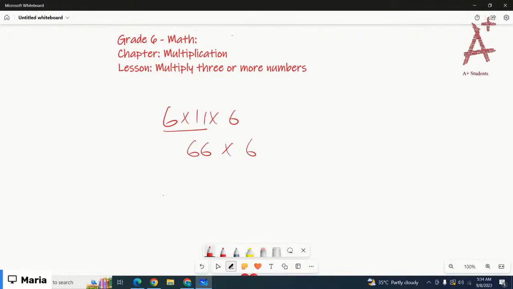So which is the correct option? Now let's do 66 times 6. 6 times 6 is 36, 6 and 3 carry. 6 times 6 is 36, 37, 38, 39. So that would be 396. The correct option is 396, right?